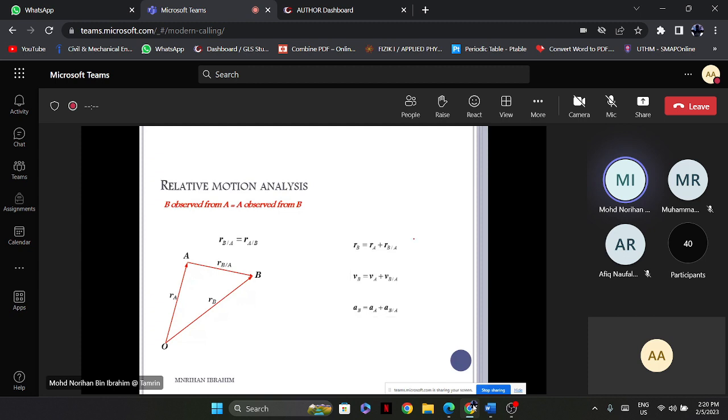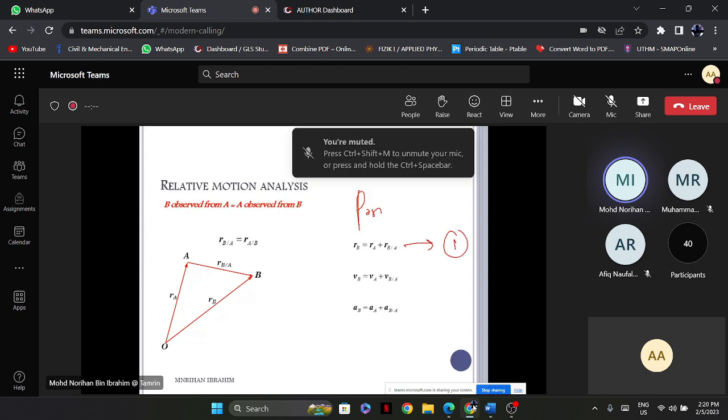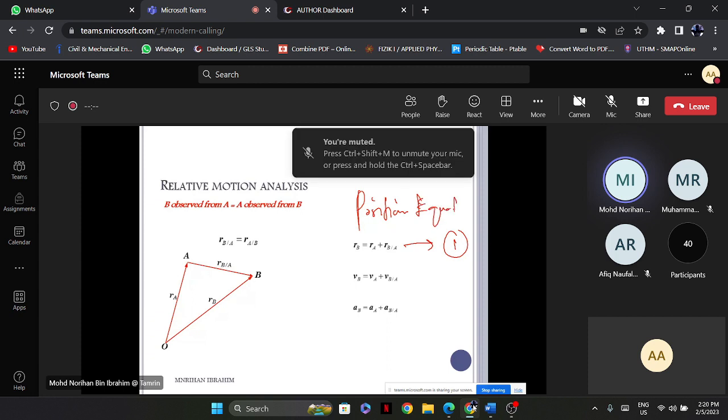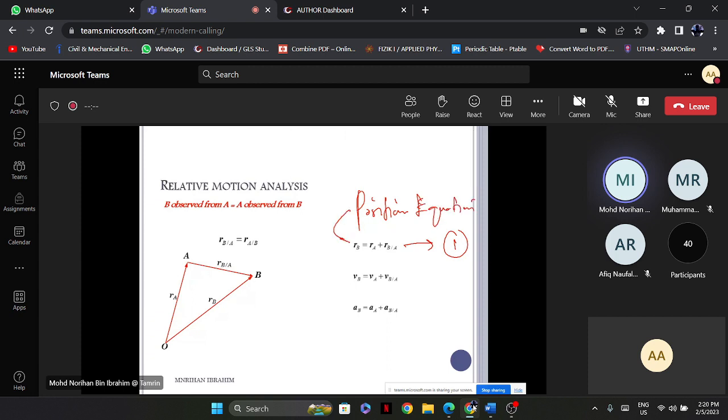So that is the first equation, the position equation. The second one is VB is equal to VA plus VB with respect to A, the velocity equation.